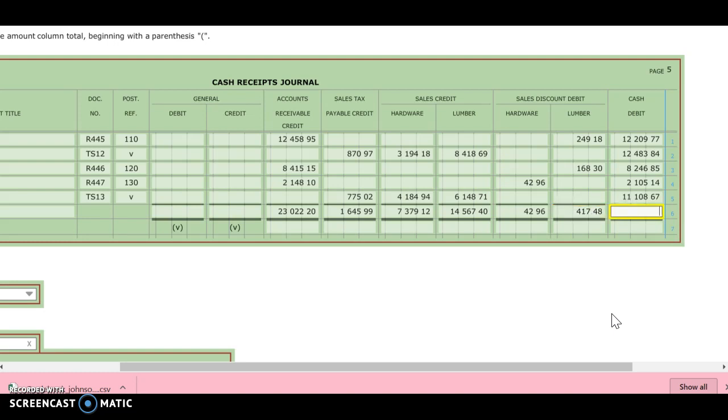And then I need to add up all my cash debits. Okay, my balance then, or my total for my cash debit will be $46,154.27.